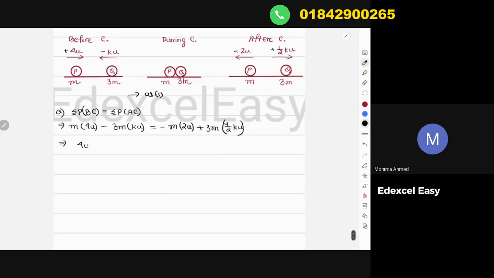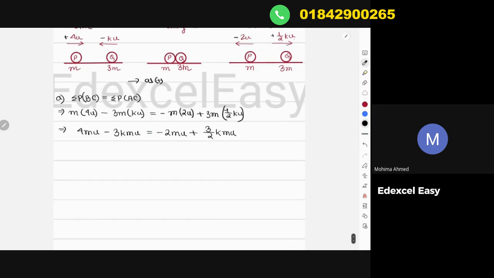This is 4mu. This is 3kmu. This is going to be minus 2mu plus 3 over 2 kmu. From this, if I take all the k's together and m's together, we have 4mu plus 2mu, and 3 over 2 kmu plus 3kmu.